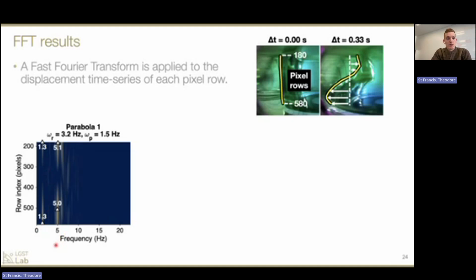So here we have the frequency of that interface on the x and each of those rows. So this y-axis is the same as this y-axis for each of these pixel rows. And you can see that there are clearly modes appearing at 1.3 and 5.1 hertz, the lower of which is very near the 1.5 hertz of the perturbation that we're seeing.